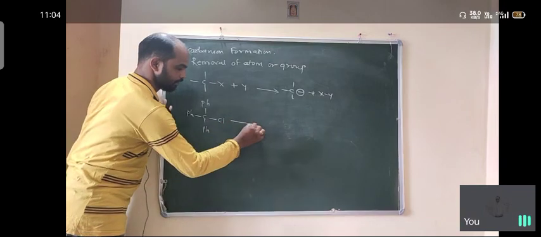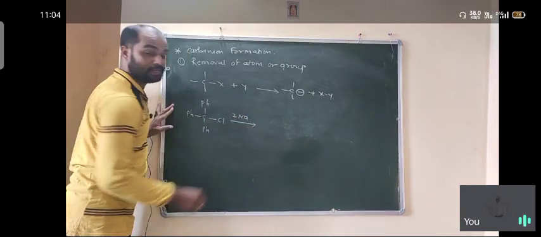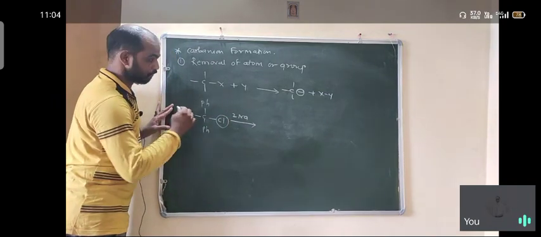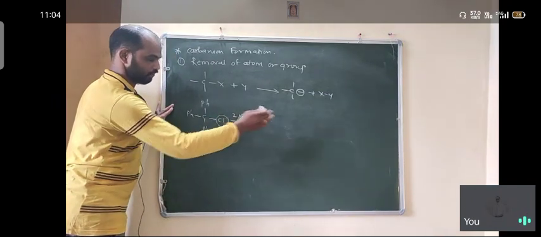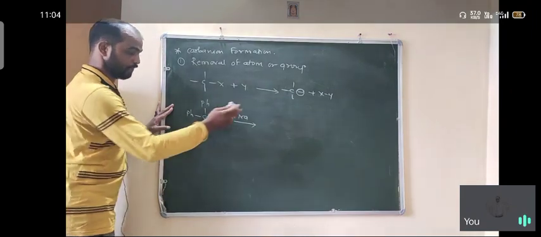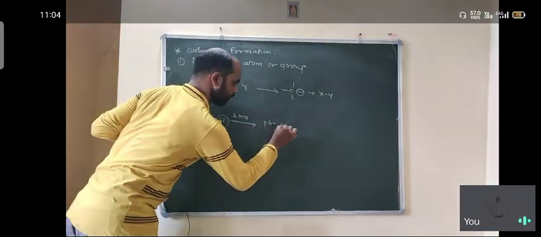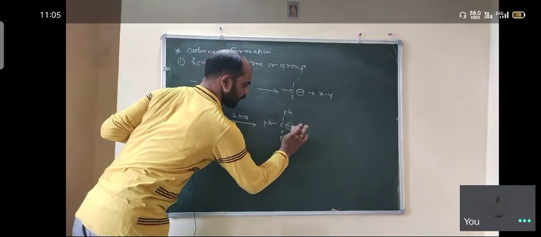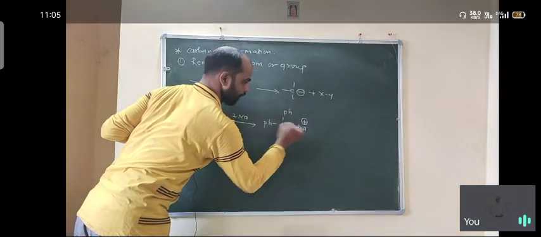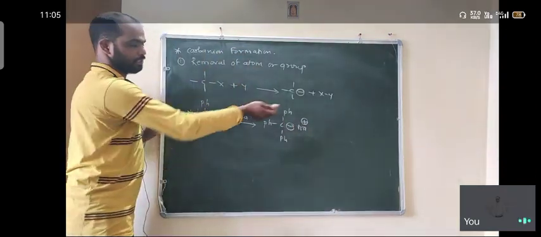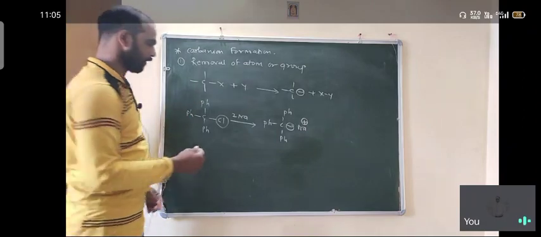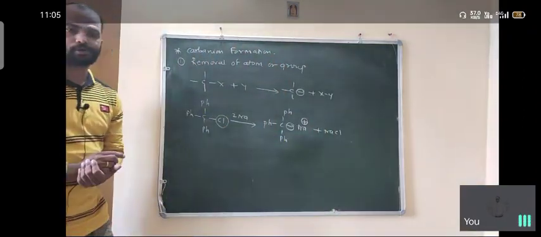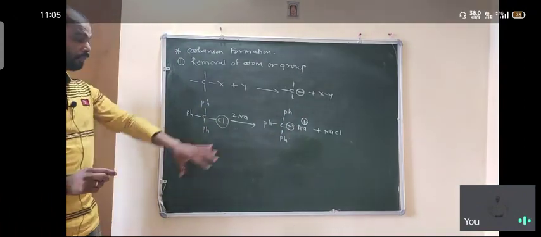Here sodium metal is used. The sodium metal displaces or removes the Cl. Next, the carbanion is formed, and a sodium is present as a positive charge to stabilize the negative charge, while NaCl goes as a byproduct. So this way there is a formation of carbanion.